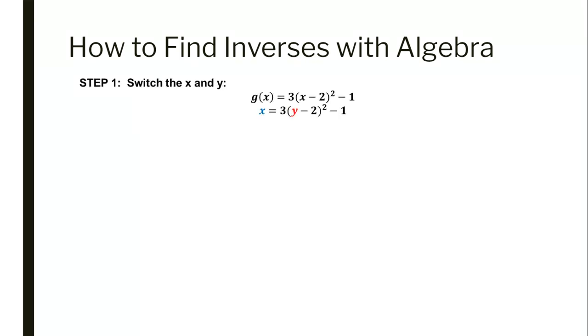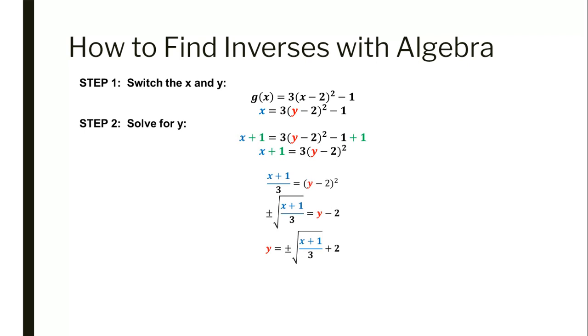Now, one more example. We switch the x and the y. This time, we started with a quadratic. So we are going to end up with a square root of some kind. So we are going to work our way outside in.